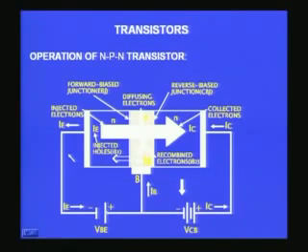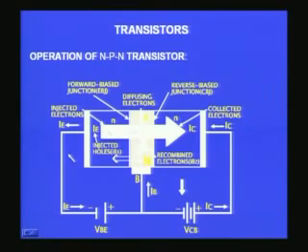Now when I connect this in this forward biased way, the width of the junction will become very small, because when I forward bias, the width of the junction will become small, and the electrons will start crossing over to the base region or the P region, and similarly the holes from the P region will cross over to the N region.